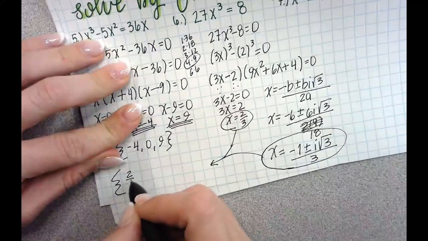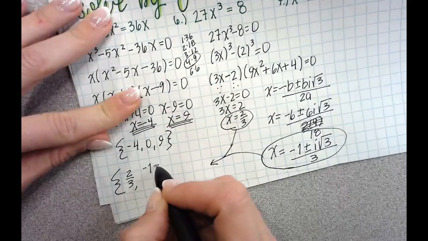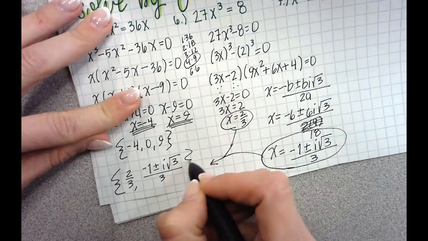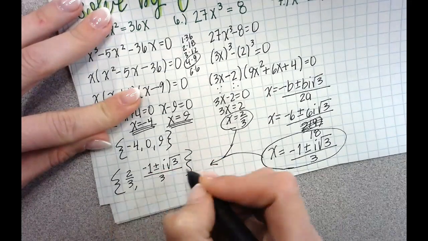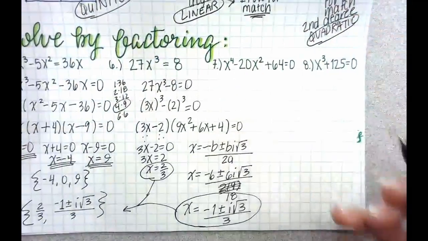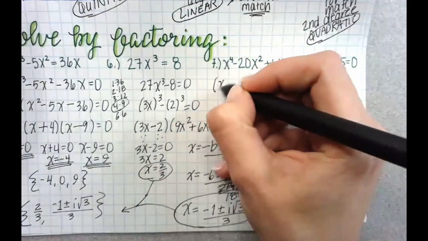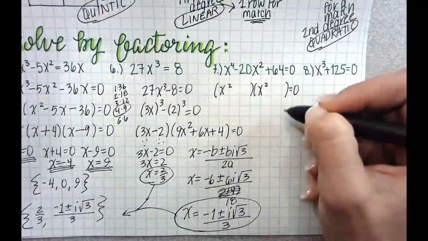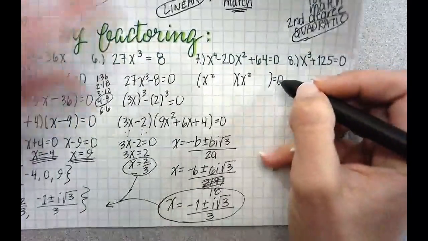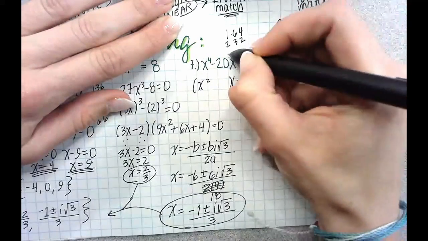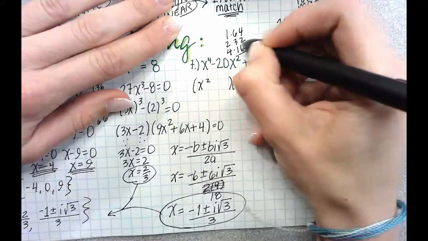Or I could have written them separately with a comma, one with the plus and one with the minus. This one is quadratic in style. What multiplies to give you 64, but adds to give you 20? Could it be 1 and 64, 2 and 32, 4 and 16, probably.